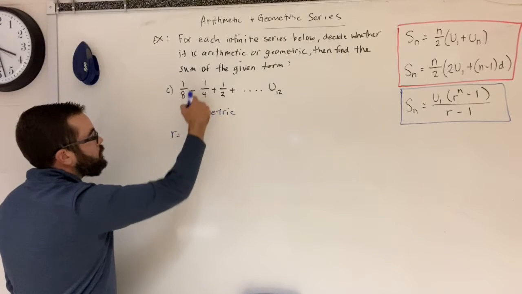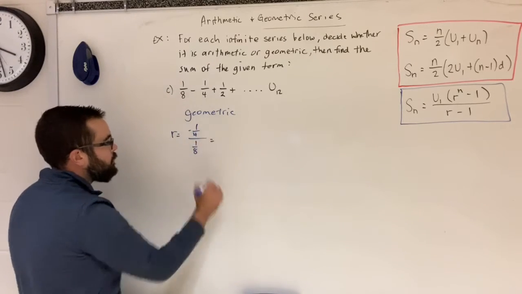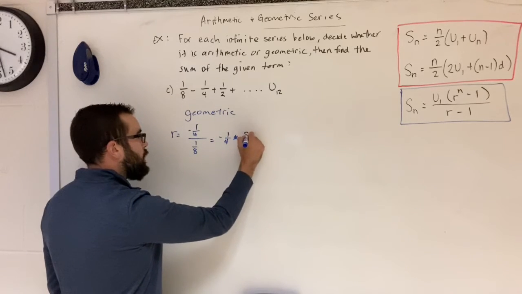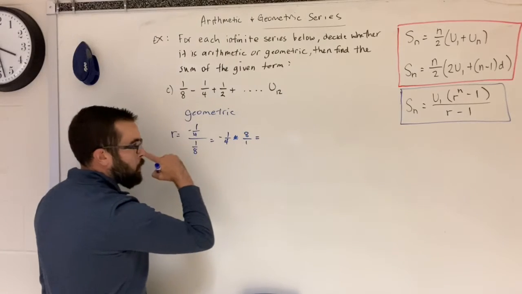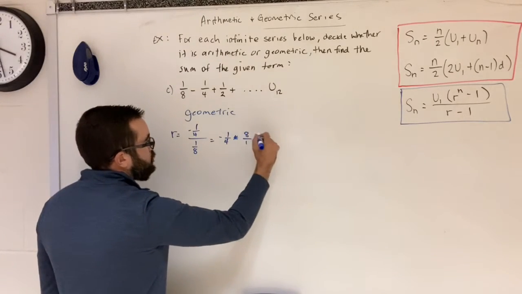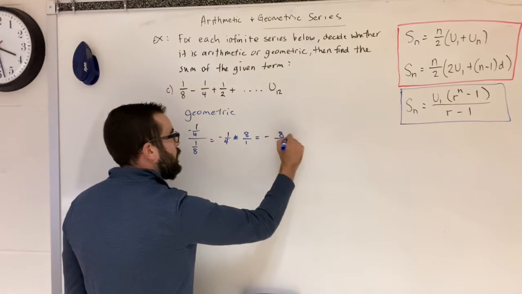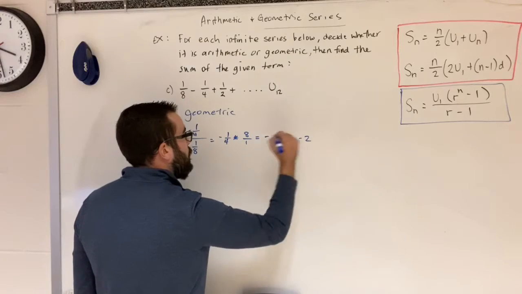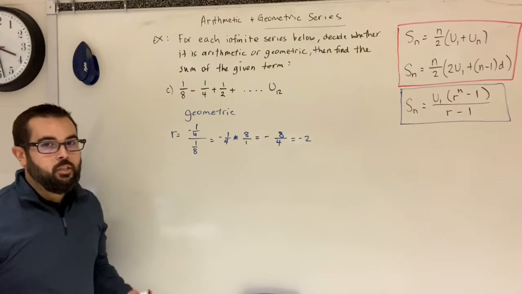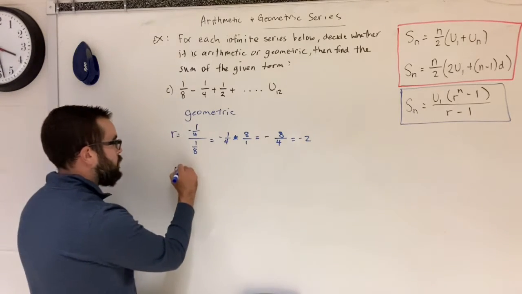The common ratio is going to be negative 1/4 divided by 1/8, which is negative 1/4 times 8 over 1, which is negative 8 over 4, which is negative 2. Now just to make sure that this is geometric, if you're unsure, then take another ratio. It should be the same thing.